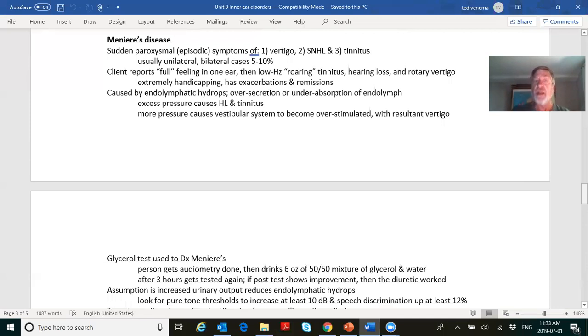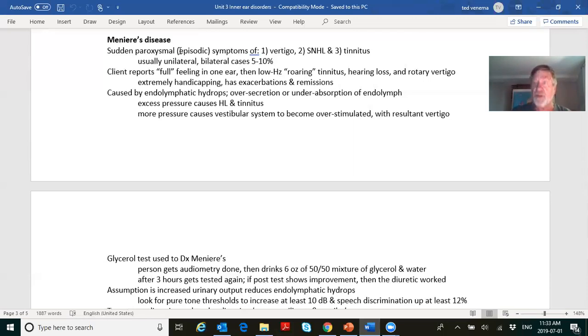It's awful. Paroxysmal means it hits you in an episode. Here it comes, and now I'm going to get it. It's like a person with seizures has an aura, knows that he or she is going to have a seizure, can feel it come on. People with Meniere's disease have the same thing. They can tell they're going to have an attack. That's what they mean by episodic, paroxysmal.